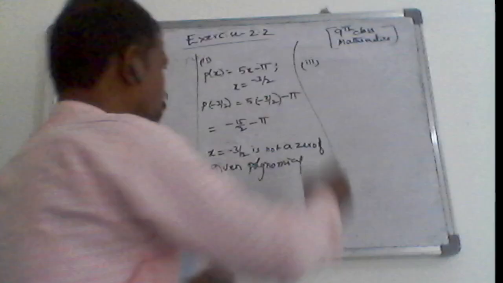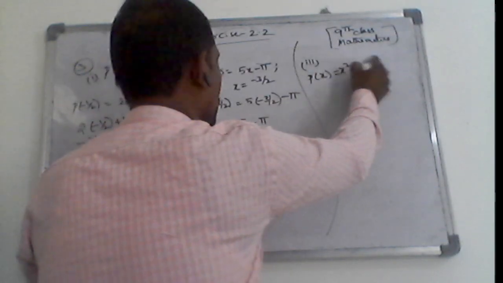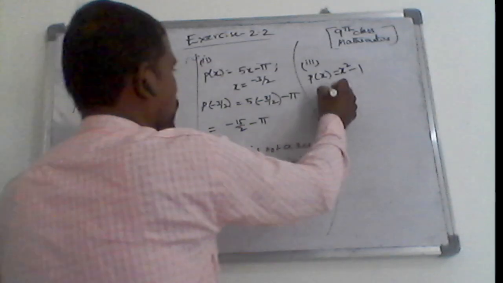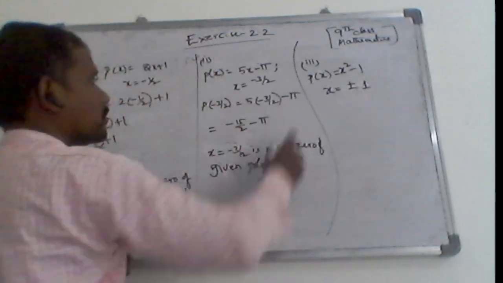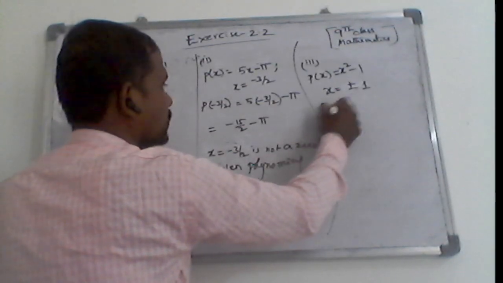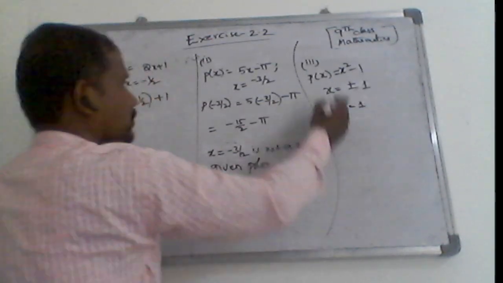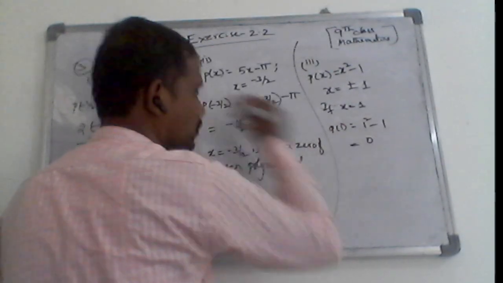Next one, third one, P of x equal to x square minus 1, where x equal to plus or minus 1. So substitute this value. First if x equal to 1, P of 1 equal to 1 square minus 1, 0.